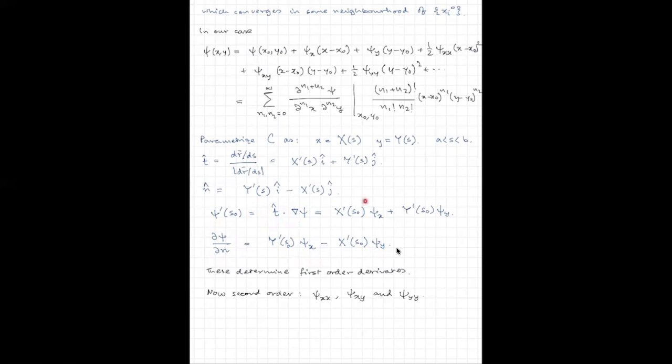Because these things are known, hence psi x and psi y are known. Okay. So that's how we were able to find out these first order derivatives, and then we could look at second order and third order and so on and so forth.